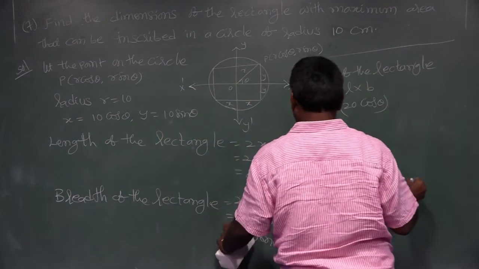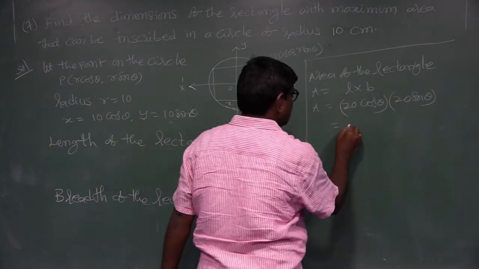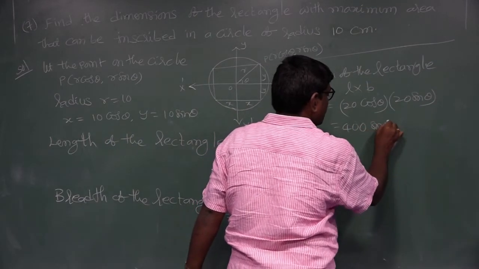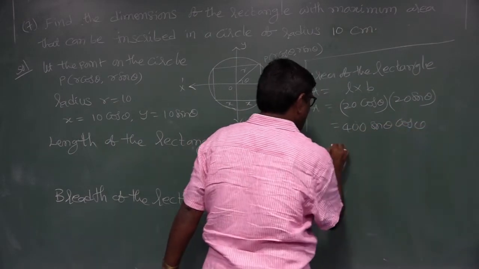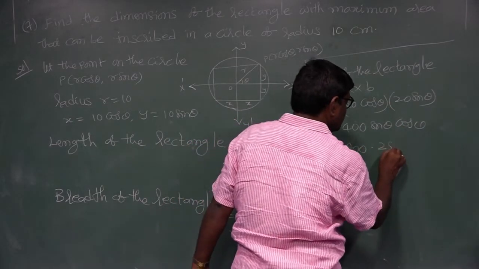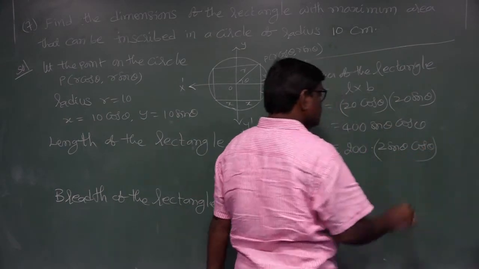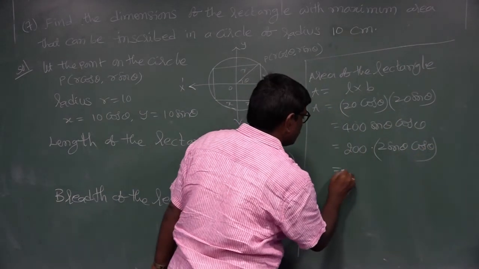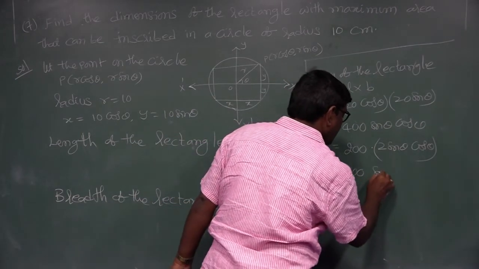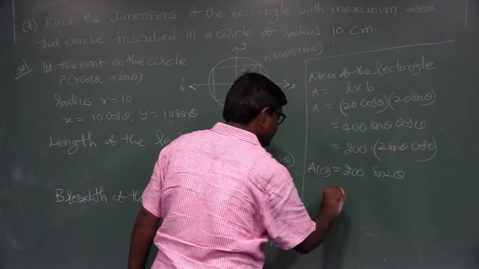B is 20 sin theta. This is 20 into 20, 400 sin theta into cos theta equal to 200, convert into 2 sin theta into cos theta. Sin 2 theta formula: 200 into sin 2 theta. This is A of theta.